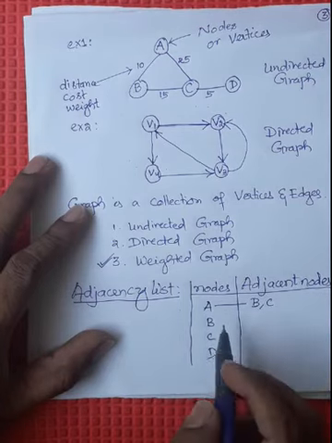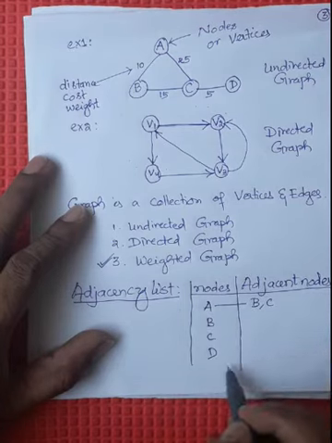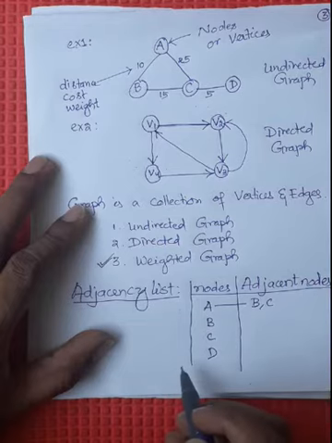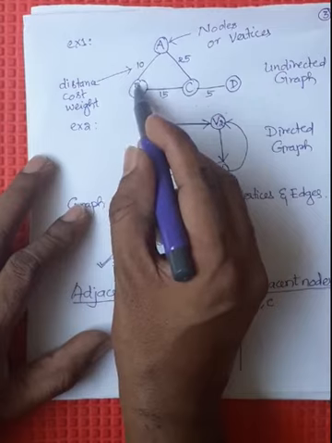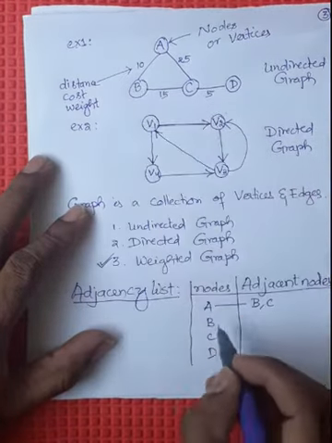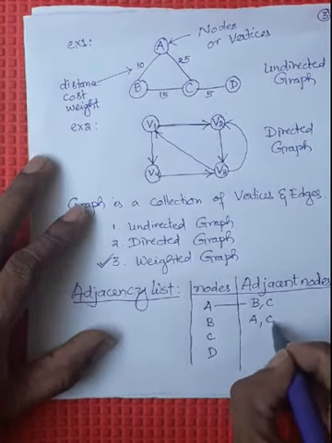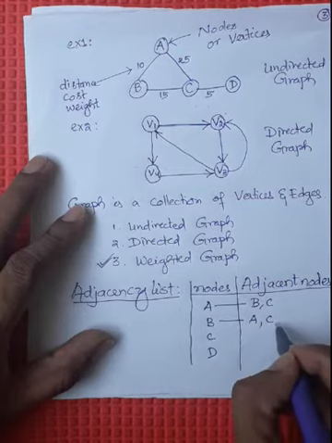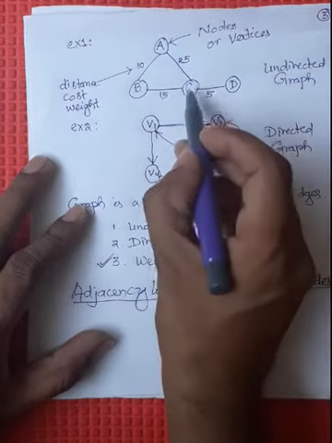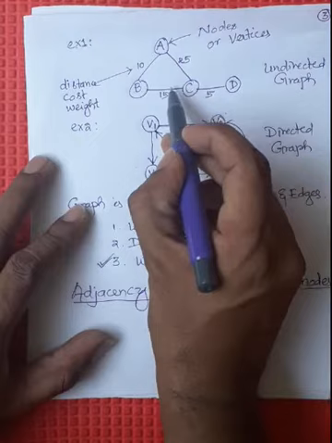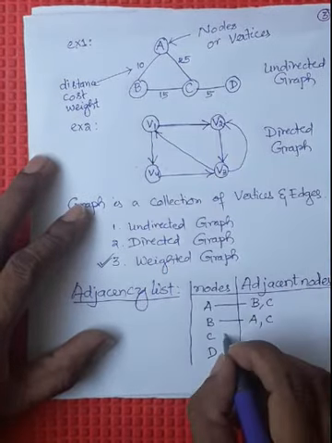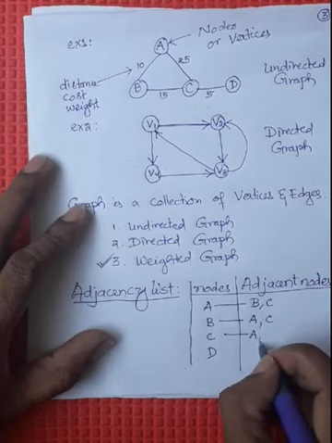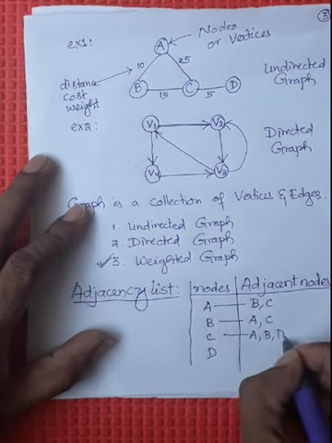In an undirected graph, I am finding the adjacency list. Now for node B, which are adjacent? B to A and B to C. So for node B, adjacent nodes are A and C. For C, the adjacent nodes are A, B and D. From C, you can go to all three nodes.